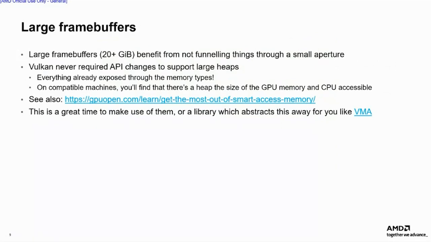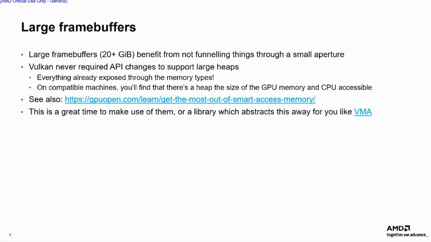And over the years, there came this feature, which on AMD is called Smart Access Memory, which allows you to resize this area to the whole GPU memory, actually. And the first API to support it was Vulkan, because when we designed Vulkan back in the day, we had good insight that this might be a feature coming one day, and so we have memory heaps which can expose this functionality.